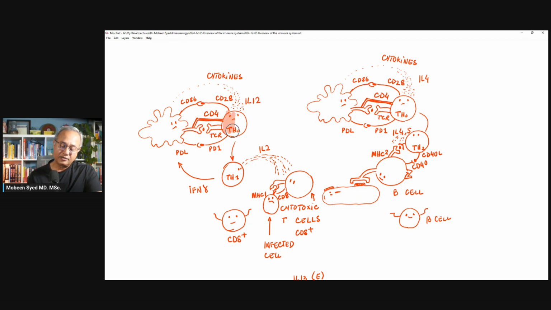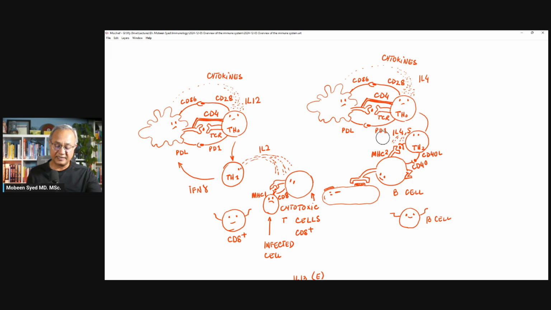On the other side, now we are talking about the lymph node, it is bound to a T helper 0 cell or naive T cell.